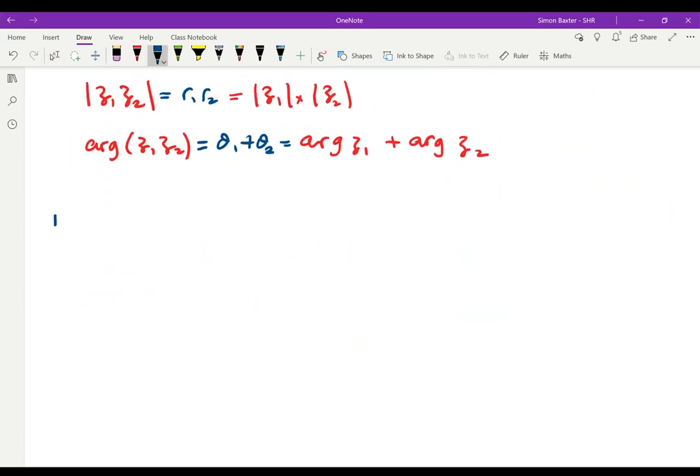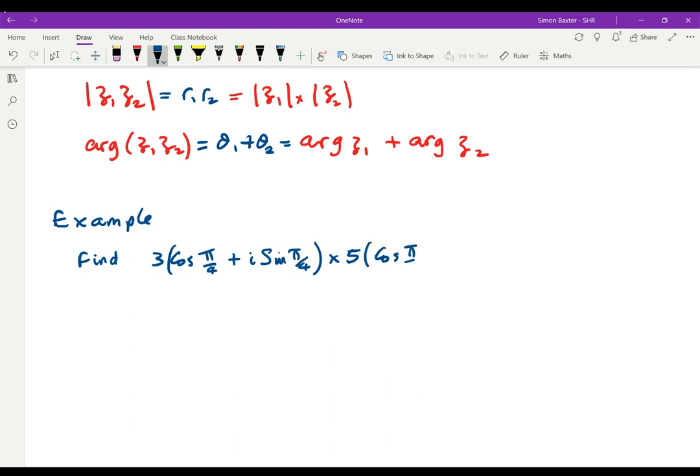Example. Find 3 cos pi by 4 plus i sine pi by 4 times 5 cos pi by 6 plus i sine pi by 6.